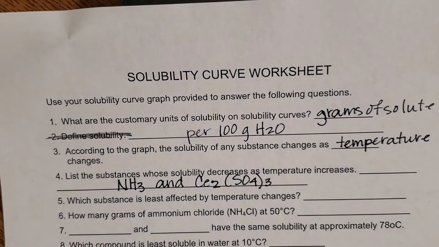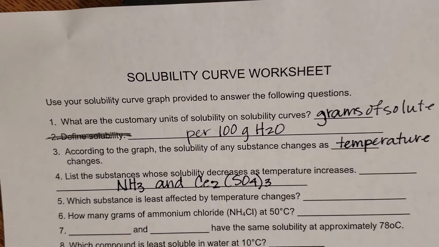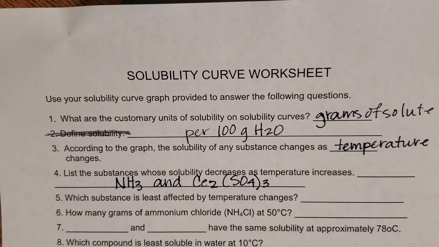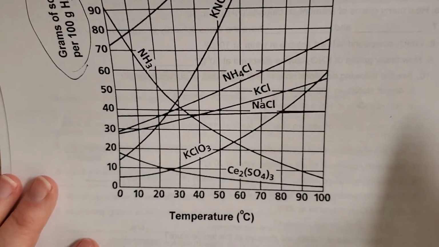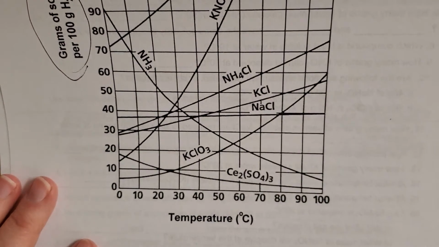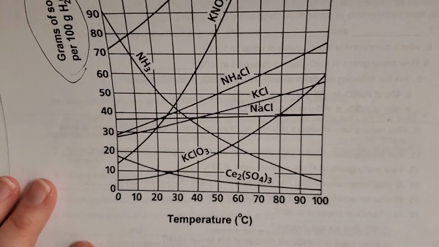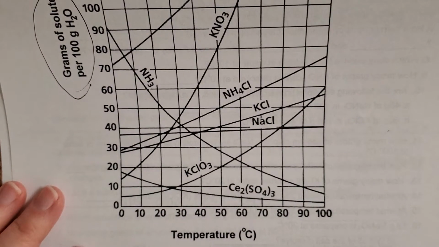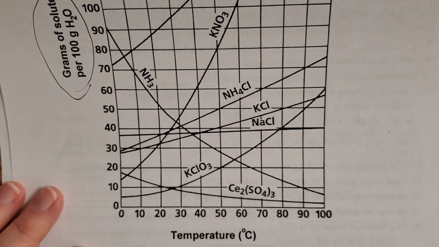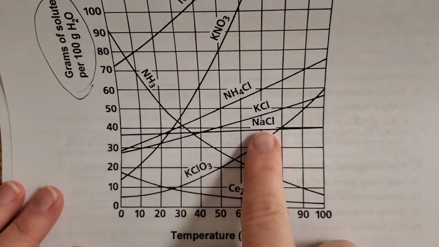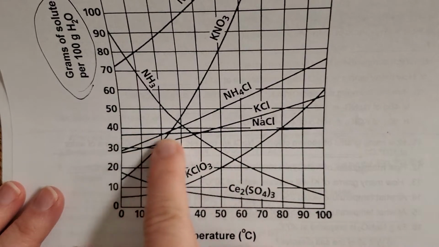Number 5 says, which substance is least affected by temperature changes? So it's hard to find. It's kind of camouflaged in here, and every year when I do this worksheet, it's kind of hard to find because it's almost a straight line and it kind of blends into the background, but you're looking for a substance that has a pretty flat line, meaning no matter what the temperature of your water is, you're going to be able to dissolve about the same amount of sodium chloride. This is sodium chloride's line.